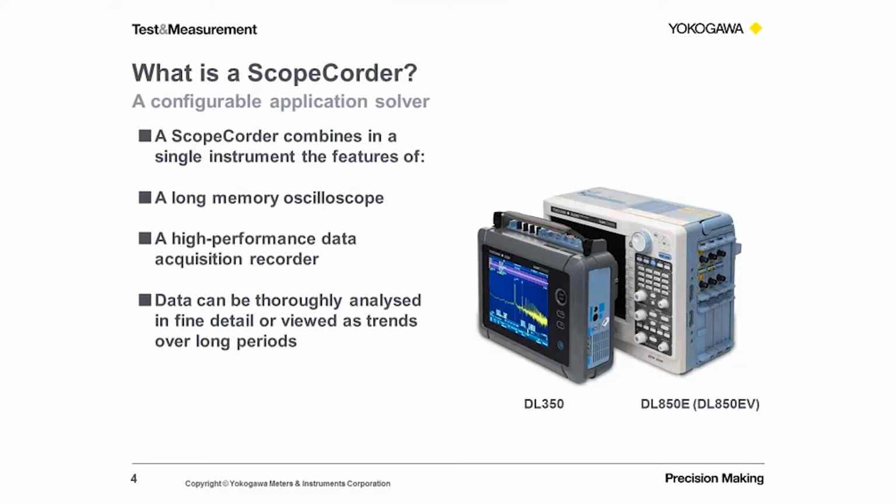There is a little difference between the capabilities of the 2 products in terms of performance and how long they can measure for. We will be discussing that as we go along. And of course, it is a standalone instrument, so you do not need to connect a PC to it in order to use it. Although, as we mentioned, we can use software tools and the connectivity of the product to take the data out in a way that you wish to use.